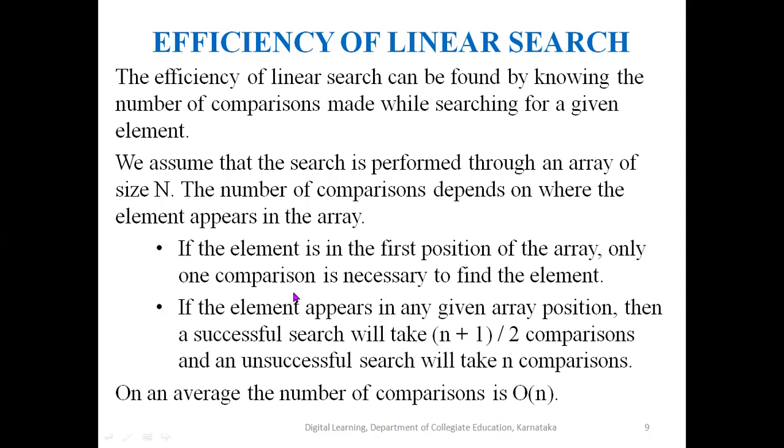If the search element is found at the beginning itself, then we require only one comparison. If the search element is found somewhere in the array, then it requires (n plus 1) divided by 2 comparisons. And an unsuccessful search will take n comparisons. So on an average, the number of comparisons is big O of n.